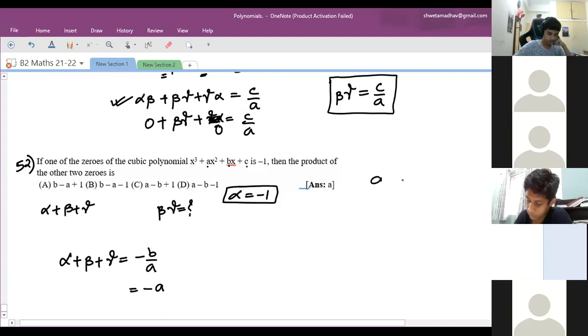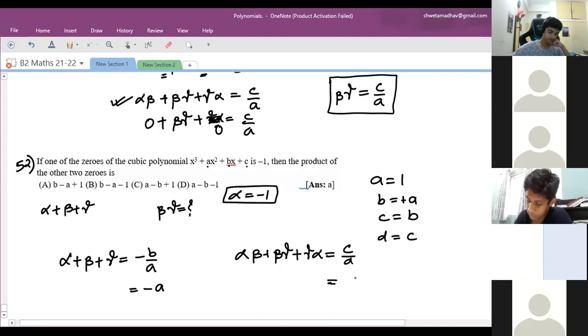A value is 1, B value is A, C value is B, and D is equal to C. So minus B by A is minus of A by 1, which is minus A. Then second relation, alpha beta plus beta gamma plus gamma alpha is equal to C by A. C by A, that is B by 1, which is B, right?